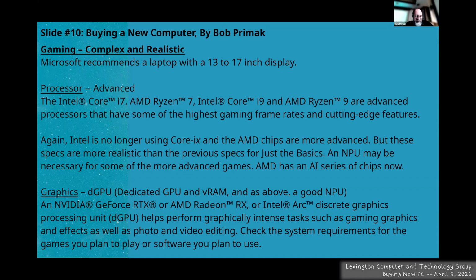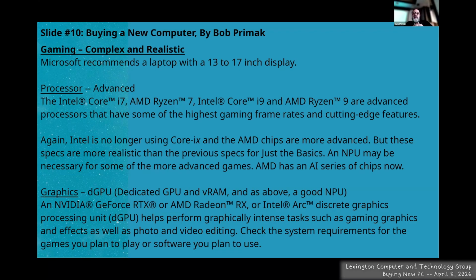And NVIDIA GeForce RTX, AMD Radeon RX, I suspect these are last generation and they're better cards now. And some of the Intel Arc discrete graphic processing units would help perform graphically, and as much dedicated video RAM as you can possibly get.